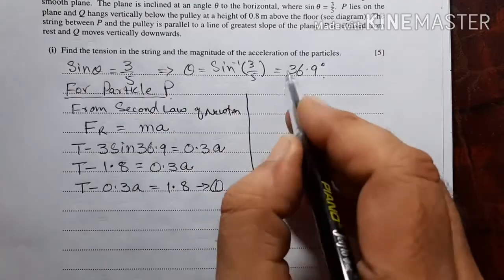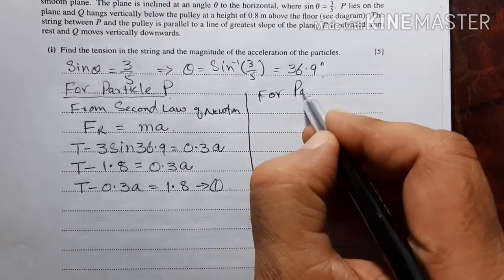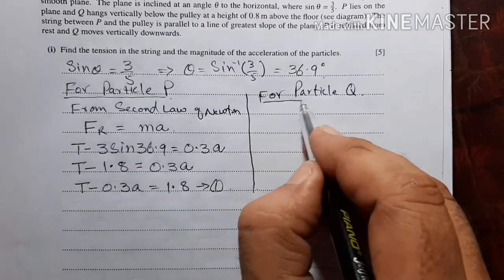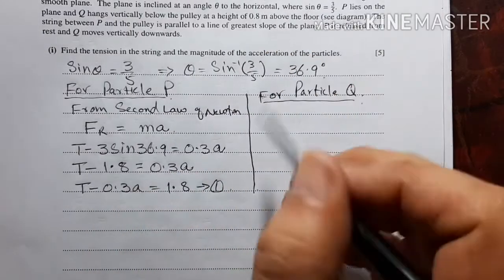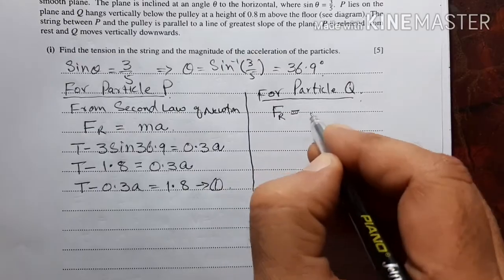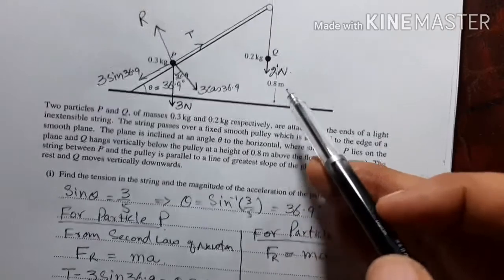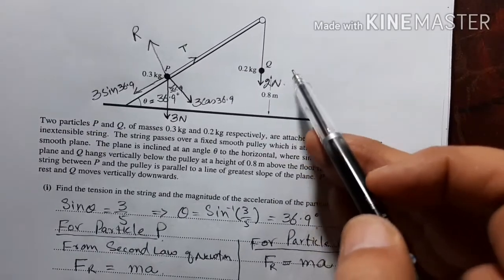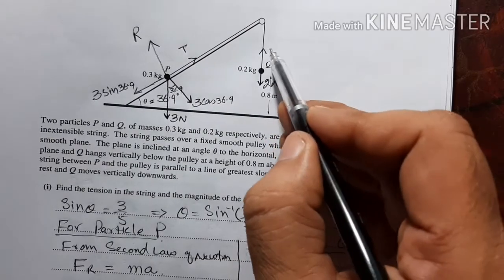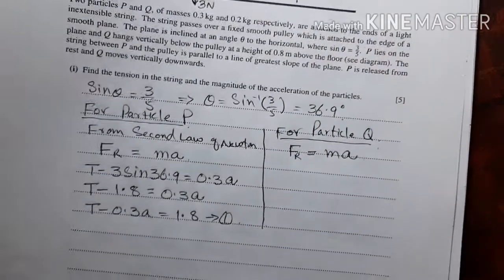Okay. Now for particle Q, again F resultant is equal to ma. The particle is moving downwards, so the tension in this part of the string is acting upwards. So the resultant force will be 2 minus T, because the particle is moving downwards.